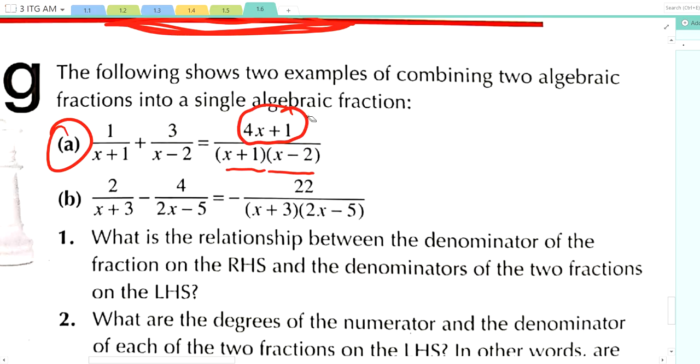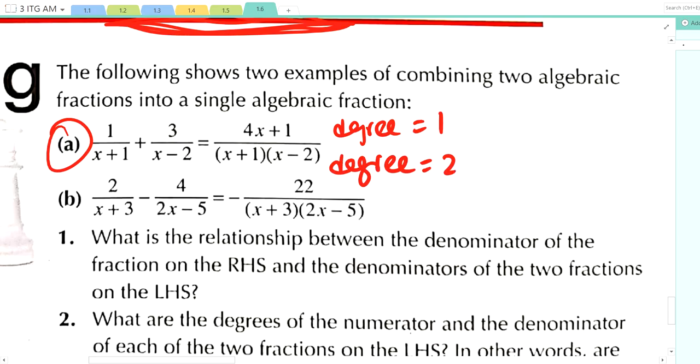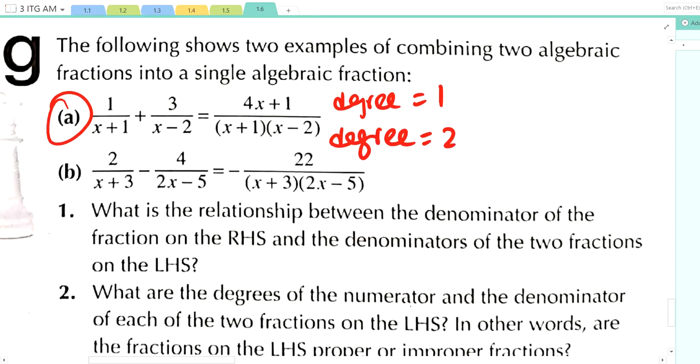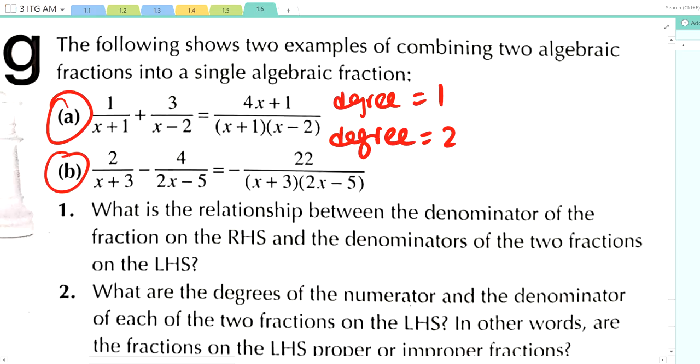The degree in the numerator is 1. The degree in the denominator, 2. Now, in the case of part B, we start off with 2 over x plus 3 minus 4 over 2x minus 5, again they are proper fractions.